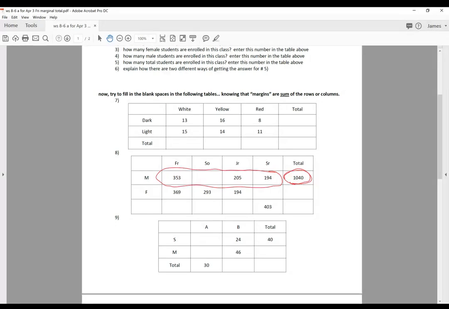So total is 1040, and then to find the missing number here, you would have to start subtracting 1040 minus 194 minus 205 minus 353, and that will give you the number there. So you don't always add, sometimes you have to subtract to find the missing entry. And then number 9, there's a lot of blanks, so sometimes you add, sometimes you subtract, so don't forget that.